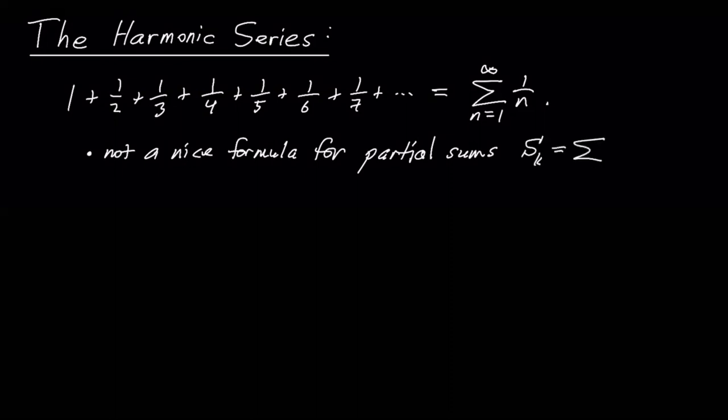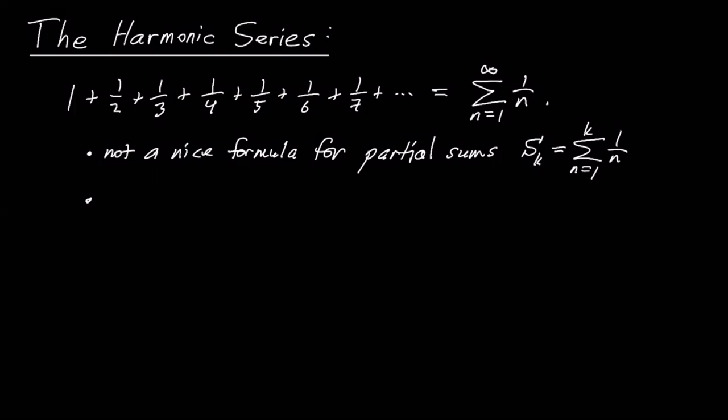Remember, the partial sum is you just go from 1 over 1 plus a half all the way to plus 1 over k, and that'd be the kth partial sum. So we can't sum this series, and this is actually true for almost every series we think about. Geometric series are nice, but most series are not, in the sense of being able to find a formula for the partial sum. And so the best we're going to be able to do is to ask the question of whether it converges or diverges.